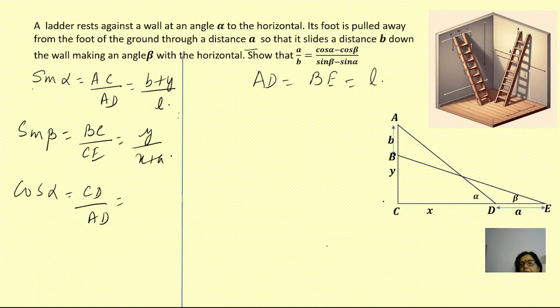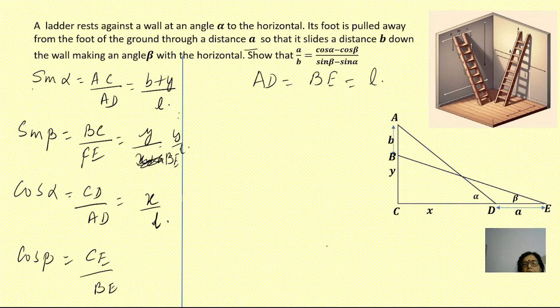So CD is X and AD is equal to L. Sin beta will be BC upon BE, so this will be BE, that is Y upon L. Alright, and cos alpha is X upon L. Cos beta is equal to CE upon BE.